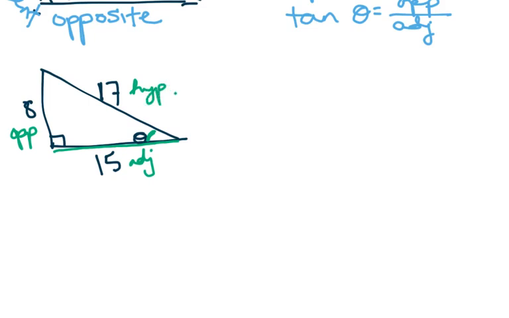So basically what we're going to practice today is just writing all 6 functions. So if I ask you to write sine of theta, you're going to write opposite, which is 8, over hypotenuse, which is 17. Again, it's just a fraction.